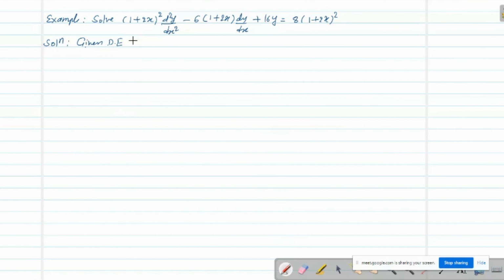So what is given to you? (1 plus 2x) square d square y by dx square minus 6 times (1 plus 2x) dy by dx and plus 16 times y equal to 8 times (1 plus 2x) square. Okay, so now we will solve this differential equation.